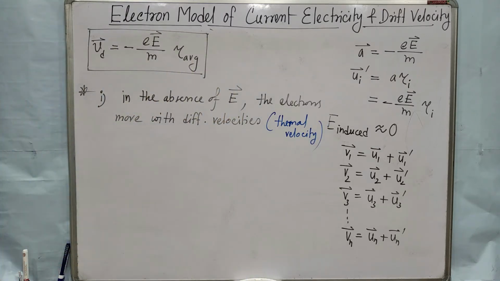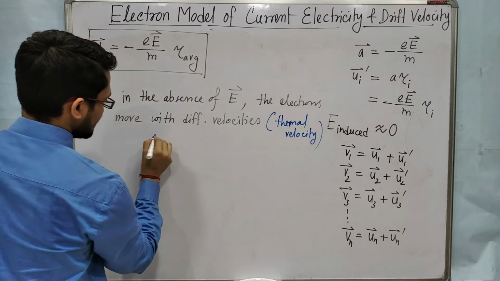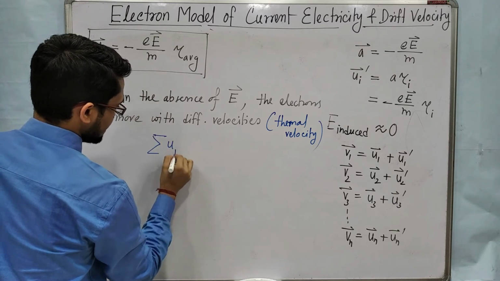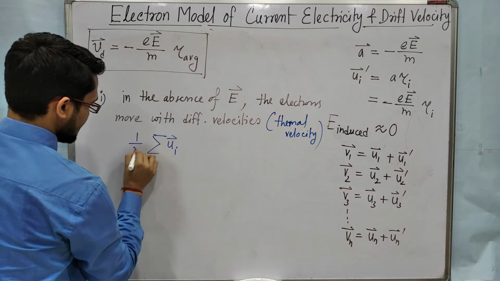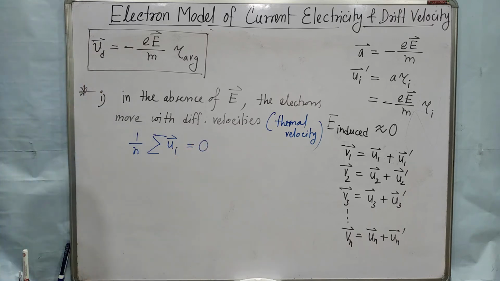The average of the thermal velocity will always be 0. The summation of u i, divided by n, will always be 0.